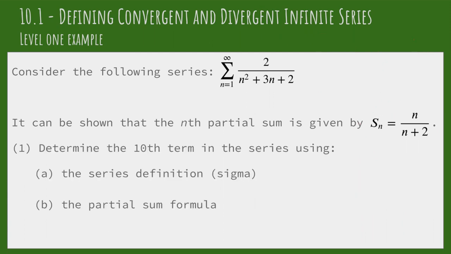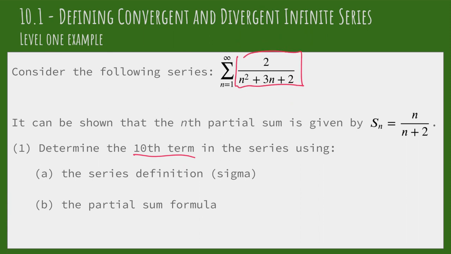So to the problem here, the first question is asking for us to find the 10th term in the series, but we want to do it in two different ways. Part A is going to be the easy way. We want to find the 10th term in the series using the series definition, using this right here. Essentially what that means is plug 10 in for n.